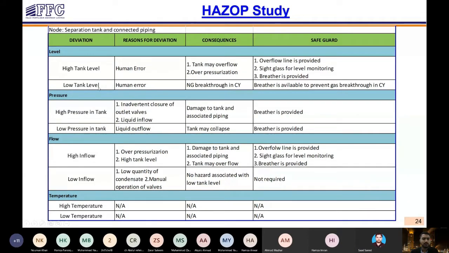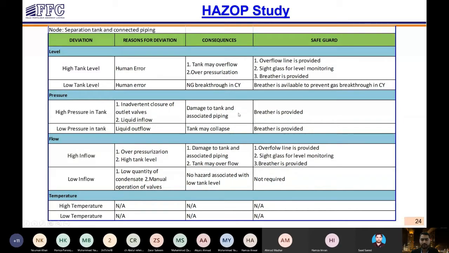For the low tank levels, the breather is available to prevent any gas breakthrough in the CY system. In case of pressure, as I said, this tank is at ambient pressure conditions. So any gas breakthrough from the natural gas system would lead to damage of the associated piping if the tank had not been provided with a breather.